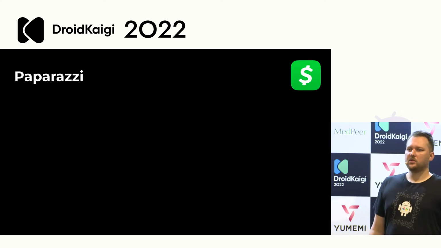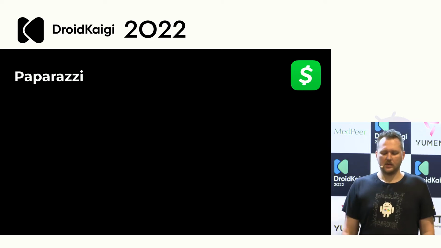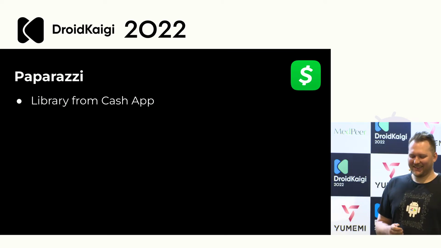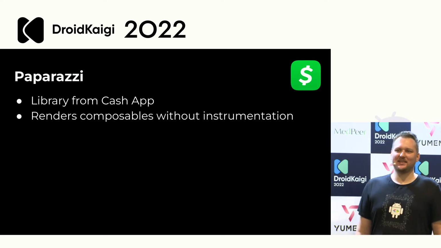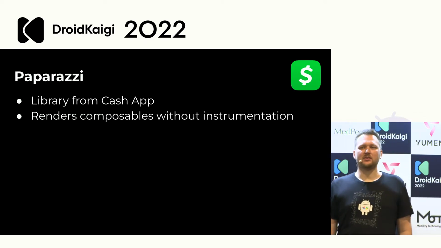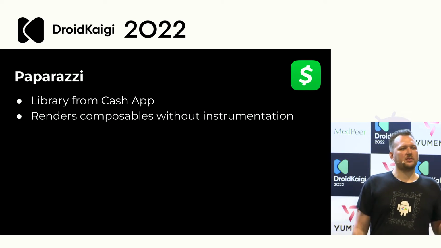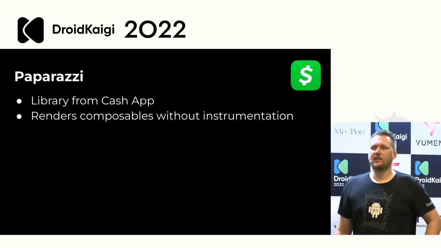Another library I want to introduce you is called Paparazzi. It's a library from Cash App. And what it does, it renders your composables without a device or emulator, called instrumentation. So you don't need to start this.